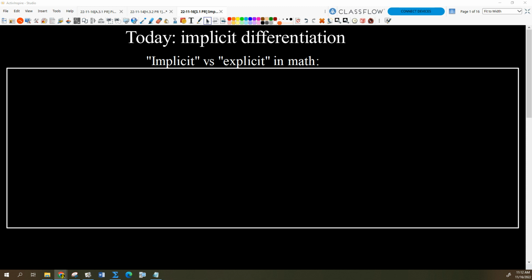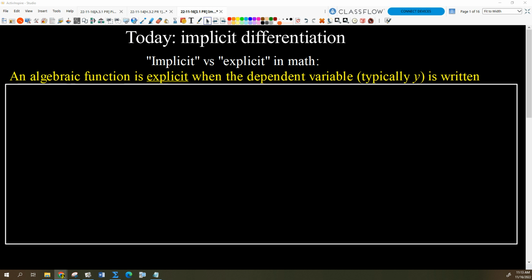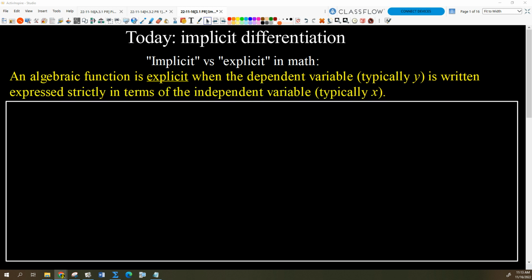So first of all, before we talk about implicit differentiation, let's just define what we mean by implicit versus explicit, because to this point everything we've done has been an explicit process. I haven't said those words, but now we need to, because we're going to do something different. So implicit means this: an algebraic function is explicit when the dependent variable, typically y for us, not always though, is expressed strictly in terms of the independent variable, typically x.